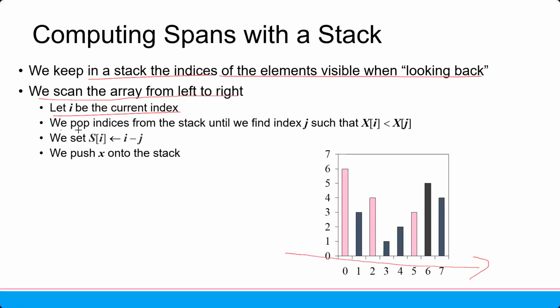Then we pop the indices from the stack until we find j such that xi is less than xj. If we find one, then we set si equal to i minus j. Then we push i onto the stack.